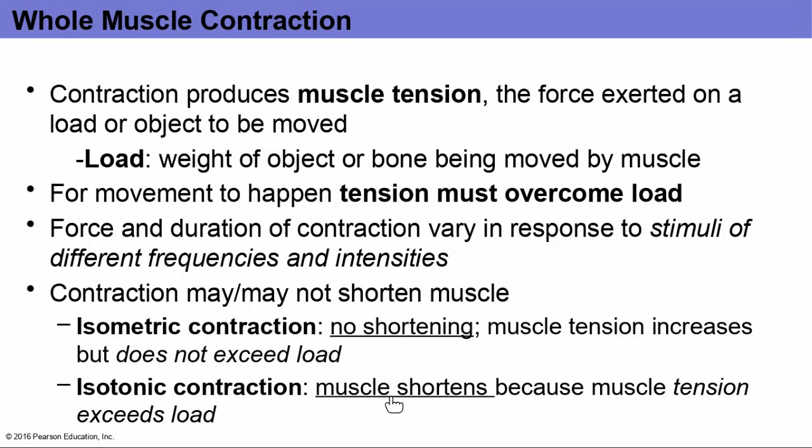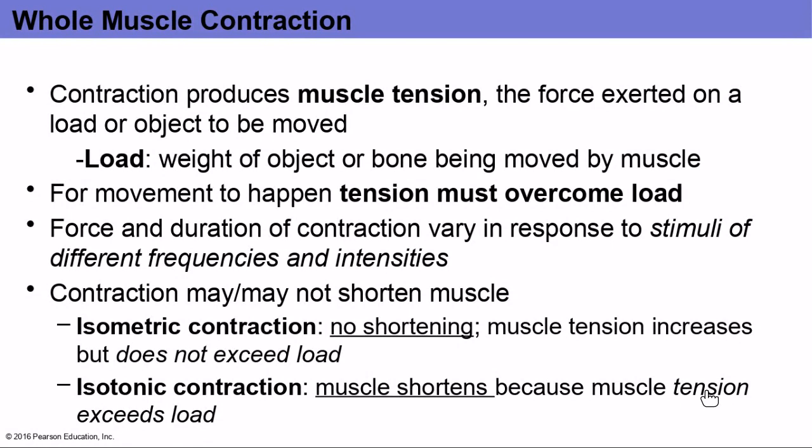Okay? So you should know there are two types of contraction. Now, the type we have really been talking about is called isotonic contraction. This is when we do have a shortening of the muscle, and this happens because the tension has overcome the load. Okay? Now, when we say tension, we're talking about the force generated by the cross bridges.